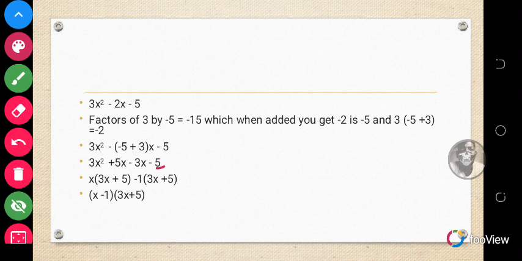With your method of grouping, x comes out, and then you have 3x plus 5, and negative 1 stays out, and you have 3x plus 5. So you realize that 3x plus 5 stands out. You pick one, then you take x and minus 1, and multiply them together to get your final answer.